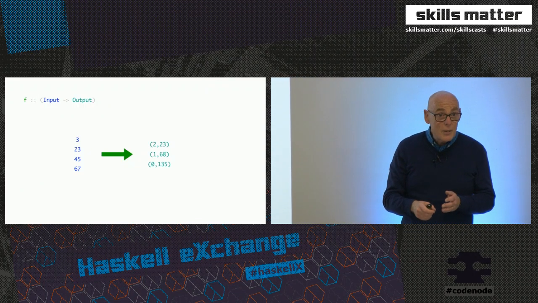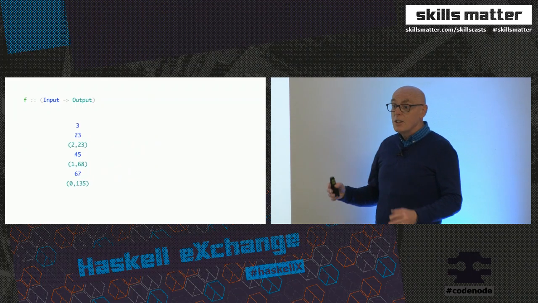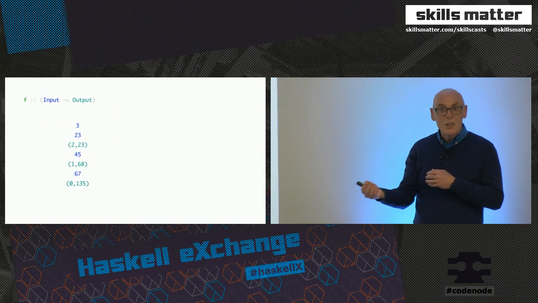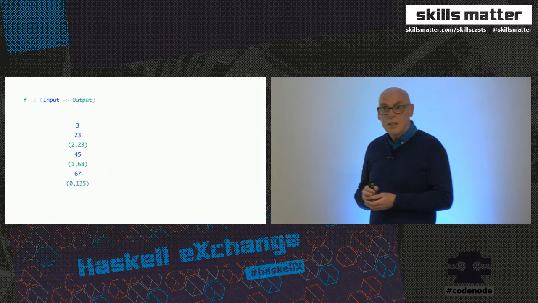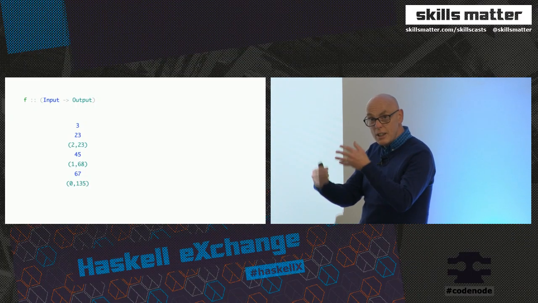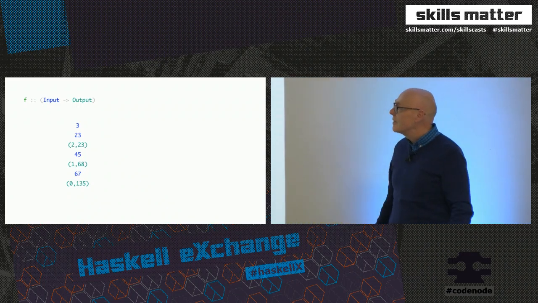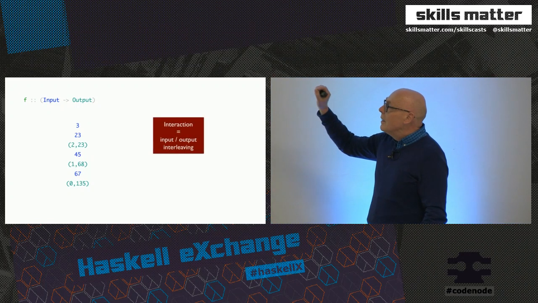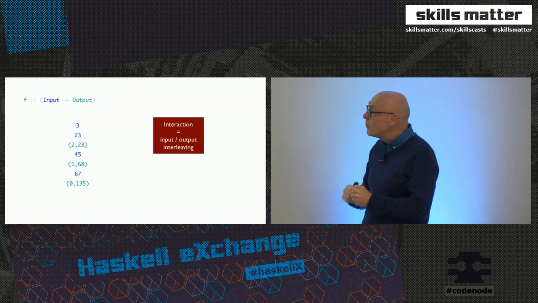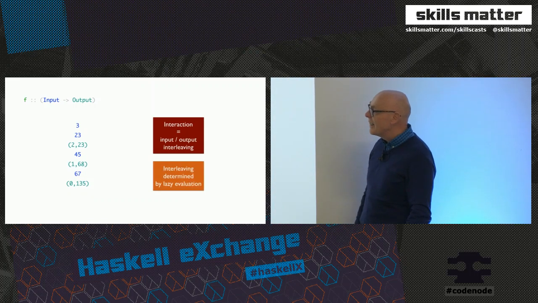That's not the full behavior of the program. What determines the behavior of the program is how the two are interleaved. So after a certain amount of input, you'll get this output. And so there's the full behavior of the program, and now we're seeing input and output interleaved. So the interactive behavior of the program is the input-output interleaving.